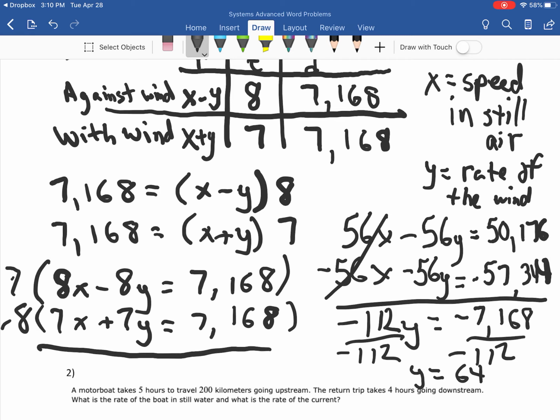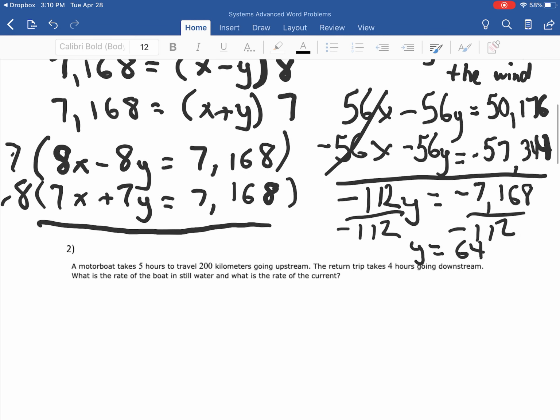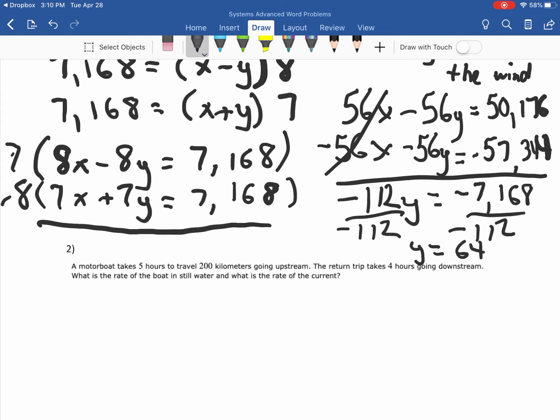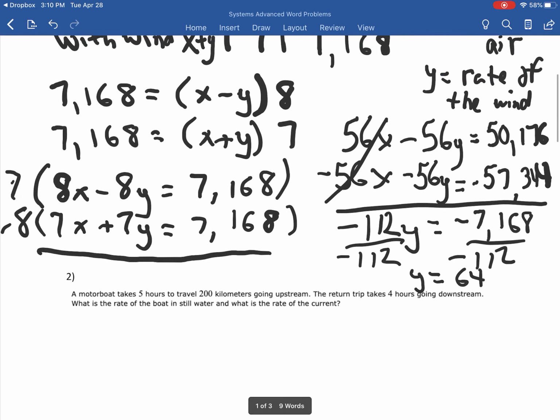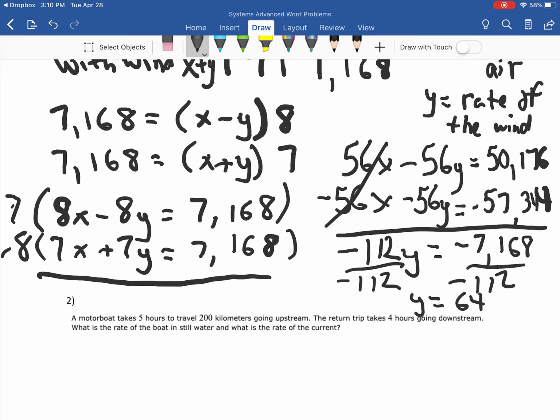And then to get x, let's substitute in. I'm going to have to borrow some space for number 2. So I'm going to take the top equation here and stick in that equation.